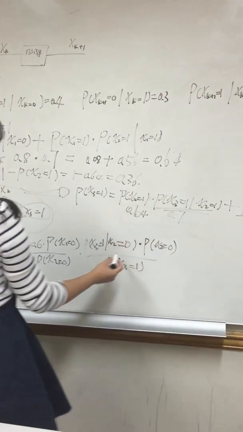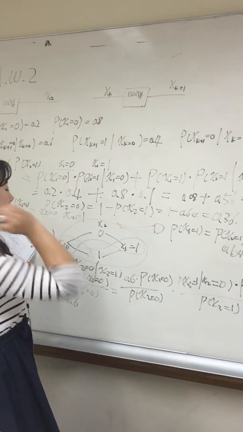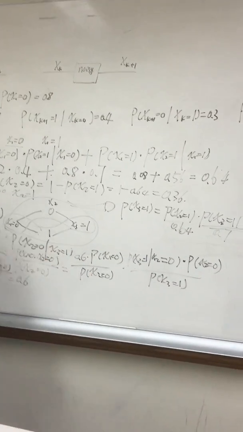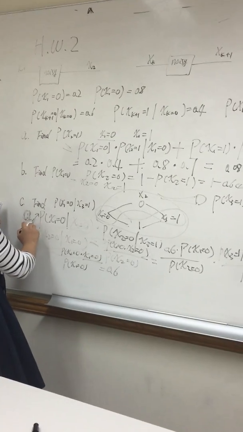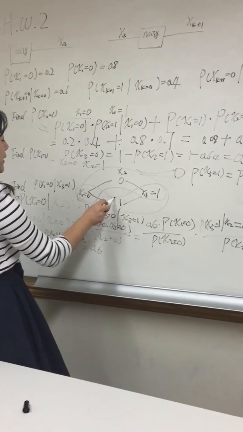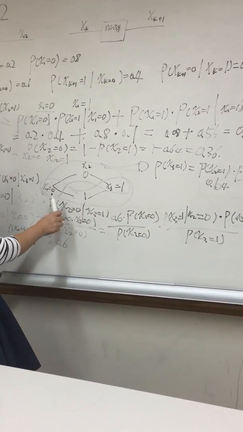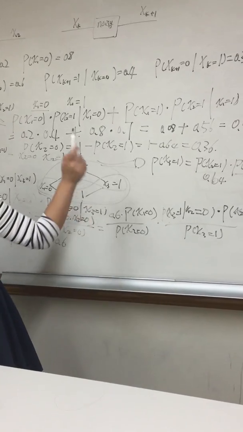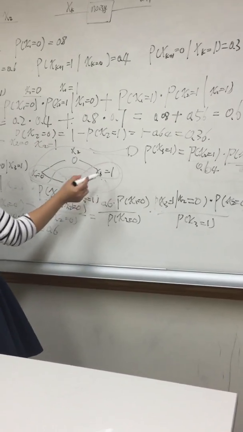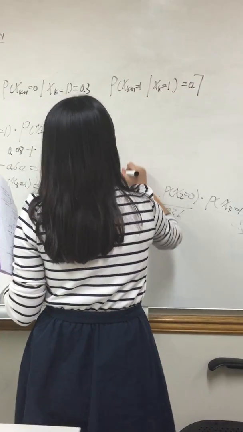All these numbers we know from the given condition, so we can solve this situation A. The next is similar in its steps, when x1 equals 0 and x2 equals 1 and x3 equals 1.